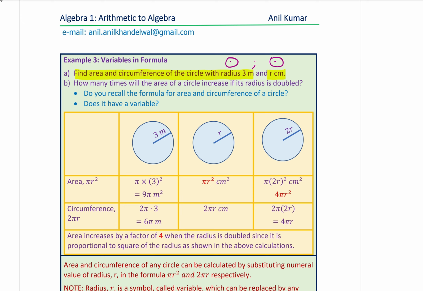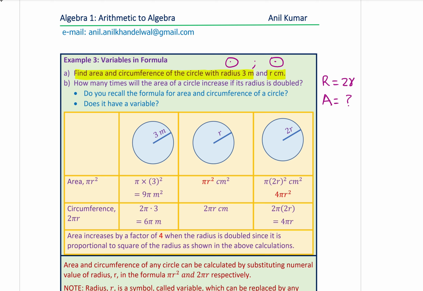Part B of this question is: how many times will the area of a circle increase if its radius is doubled, right? So if I have a bigger radius, which is twice the smaller radius, what happens to the area? How many times will the area increase? That is the second question. Perfect. So that is what we will do.